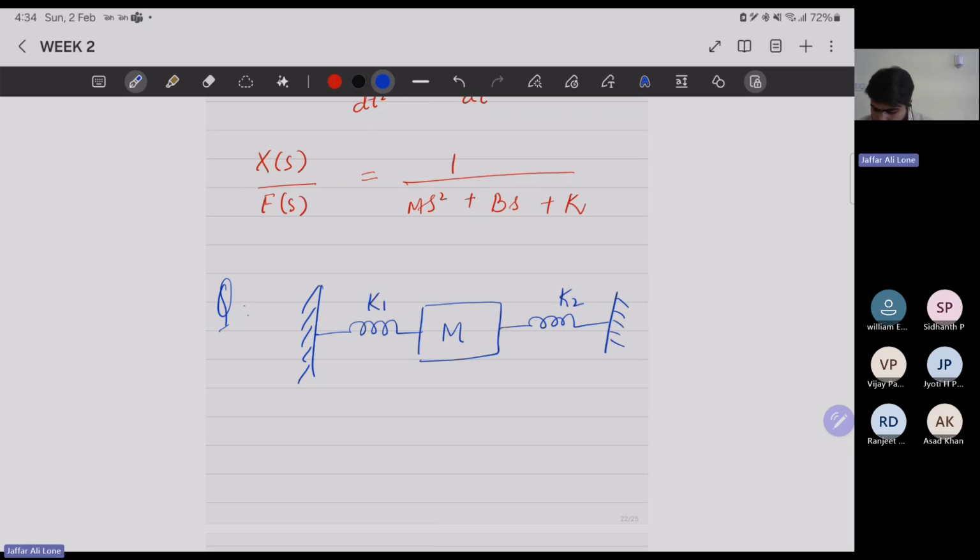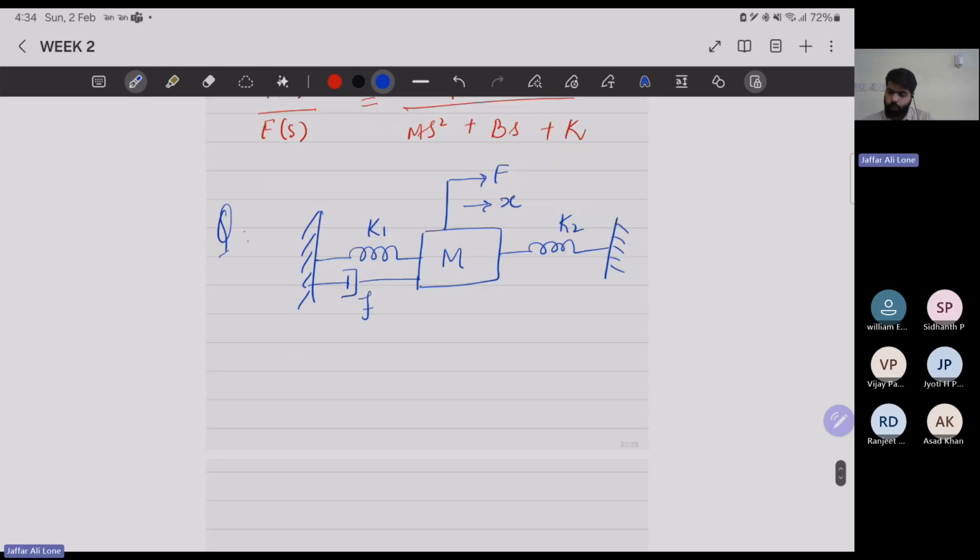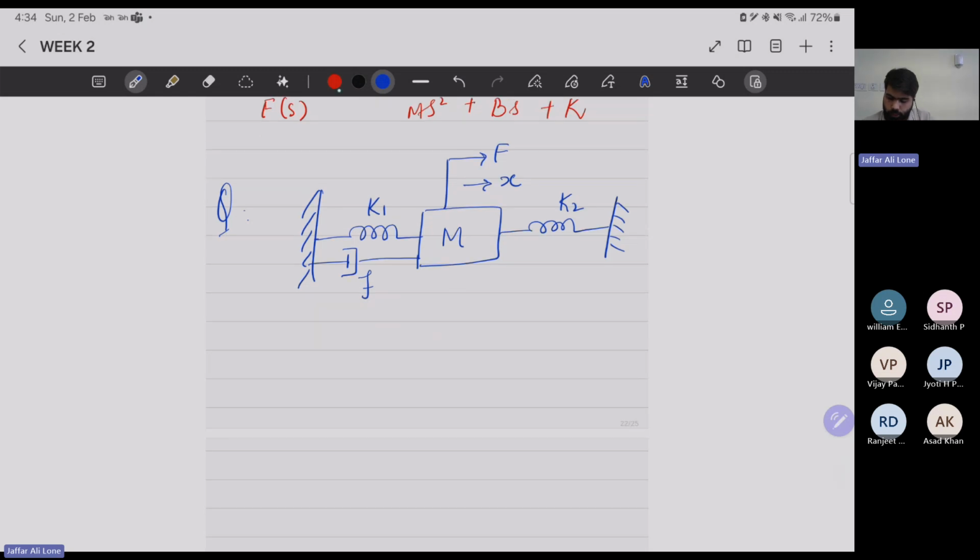This is K1. Here F is acting. Displacement is X. And here we have the friction that is actually coming from the damping, or we can write it as the damper, which is f. Right? So for this, we have already solved this in the previous lecture.